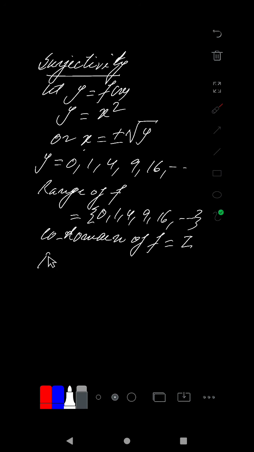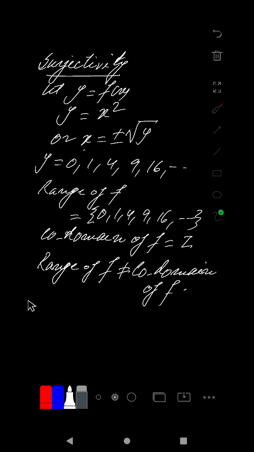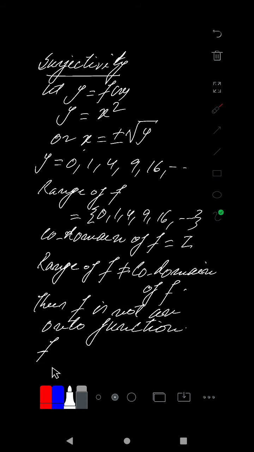Here again, range of f is not equal to codomain of f. Thus, f is not an onto function. Hence, we may conclude that f is neither injective nor surjective in this case.